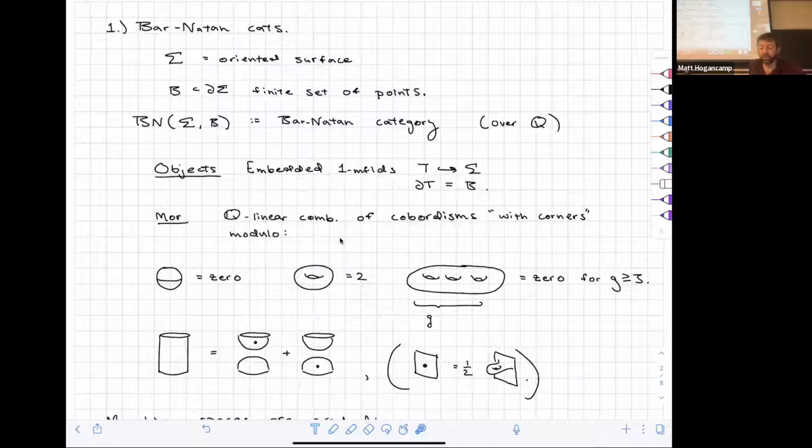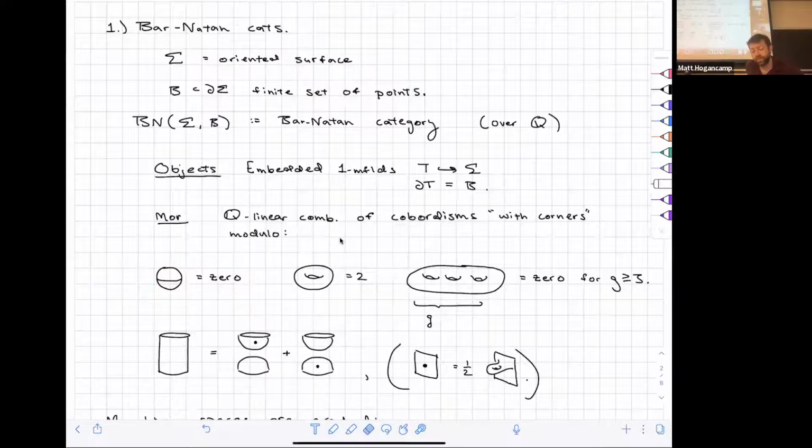Morphisms are basically cobordisms between those tangles, but because our tangles have boundary, our cobordisms will have corners. We allow formal linear combinations of cobordisms and impose the following relations. If you ever see a component in your cobordism which is just a 2-sphere, then that entire cobordism is set equal to 0.